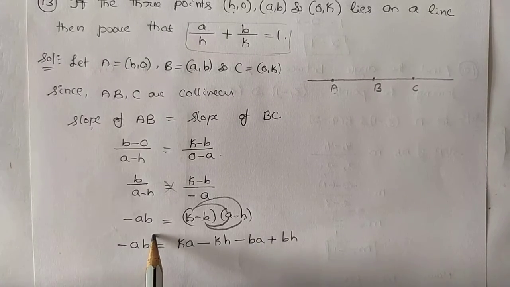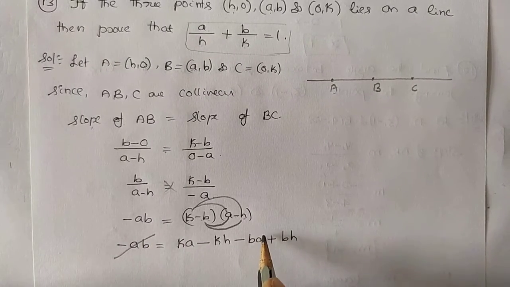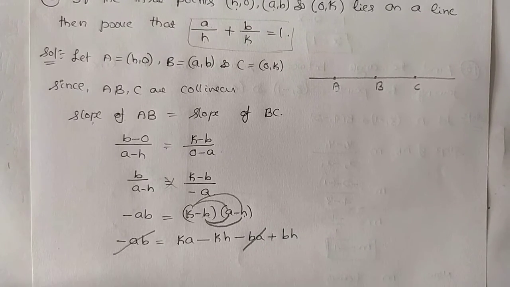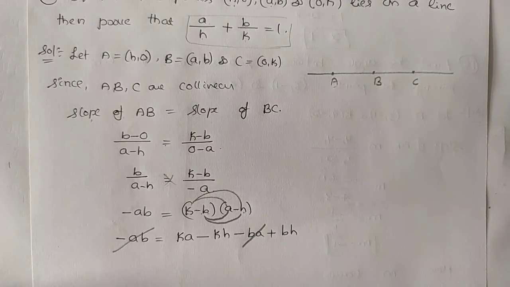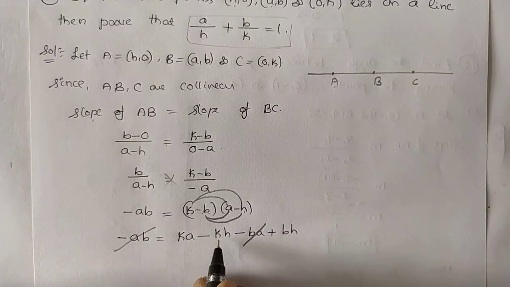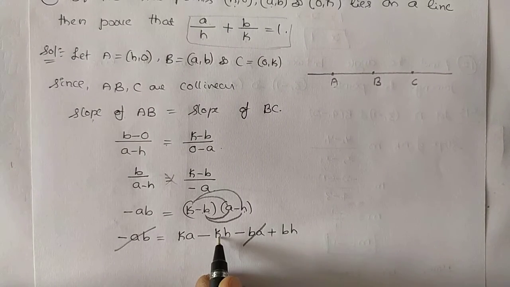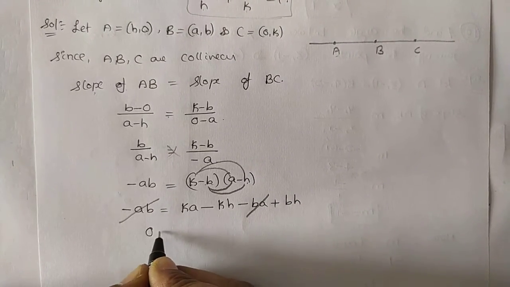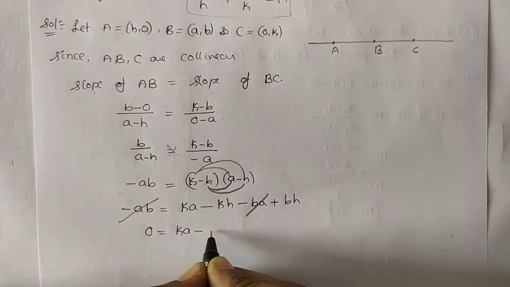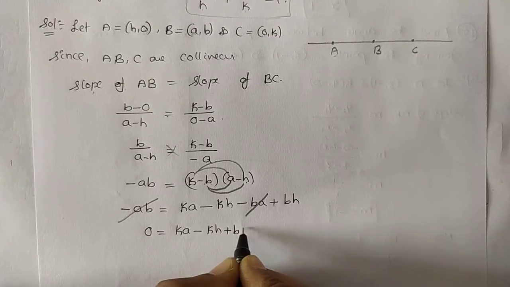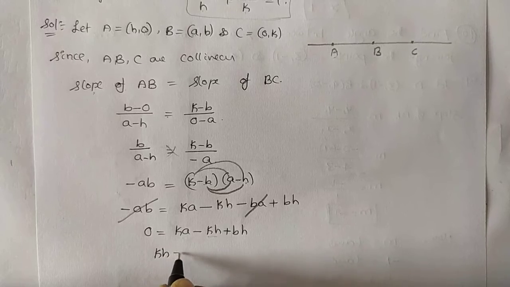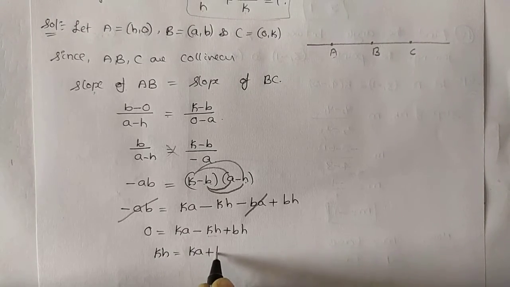On the left hand side we have minus ab, on the right hand side we have minus ba. ab and ba are equal. Now, 0 equals ka minus kh plus bh. Take this kh to the left, then kh equals ka plus bh.